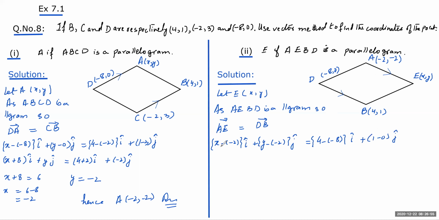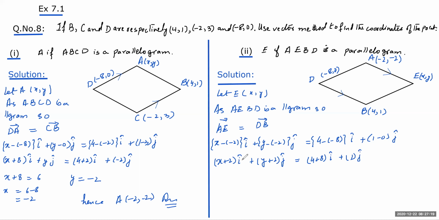As a result, I get (x plus 2) into unit vector i plus (y plus 2) into unit vector j equals (4 plus 8) into unit vector i and 1 into unit vector j.